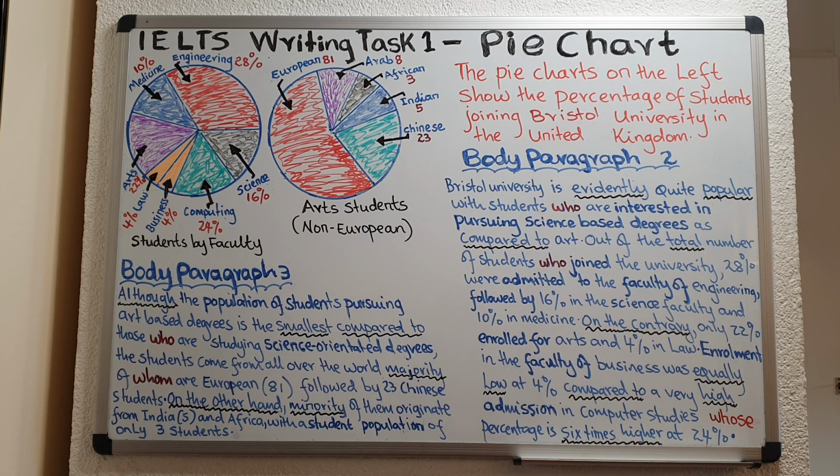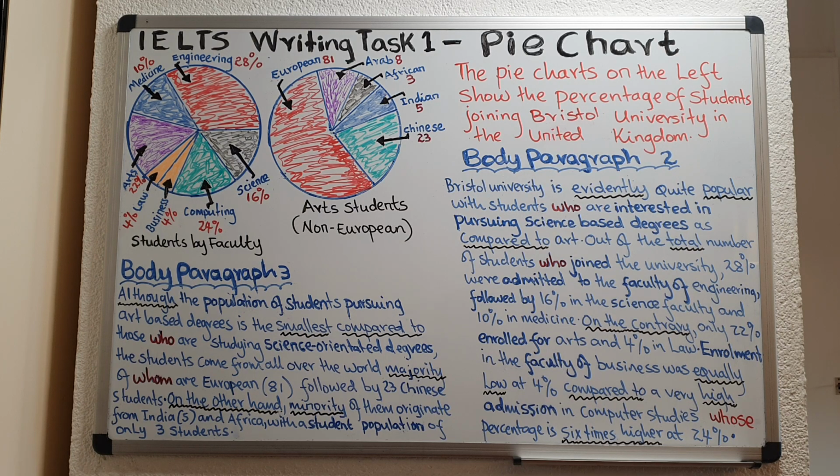In body paragraph 2, my key feature was the fact that more students are interested in studying science-based degrees compared to art-based degrees. And then my key feature for body paragraph 3 was the fact that majority of the students come from Europe and minority of them originate from India and Africa. So that was my second key feature.